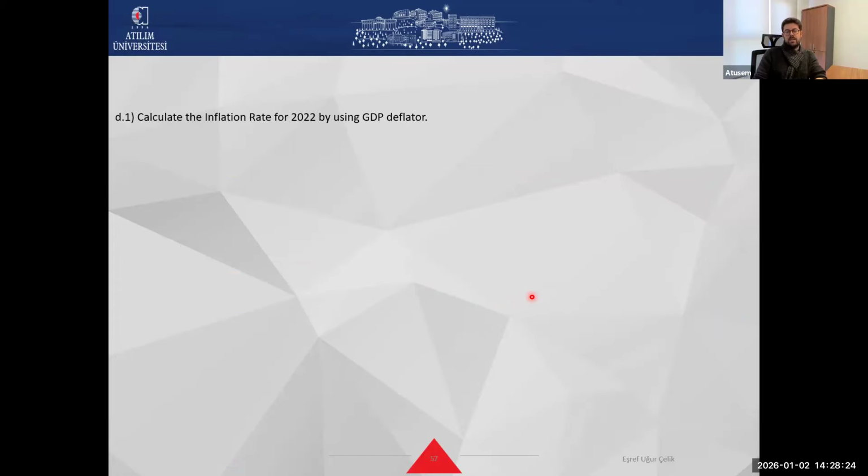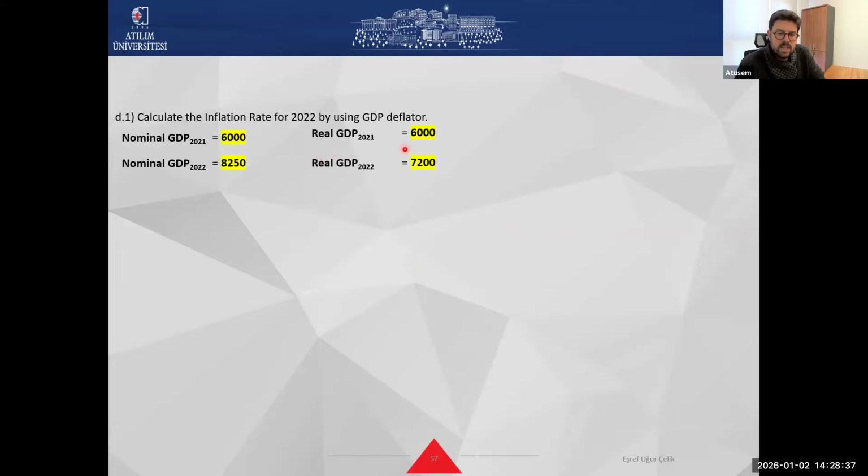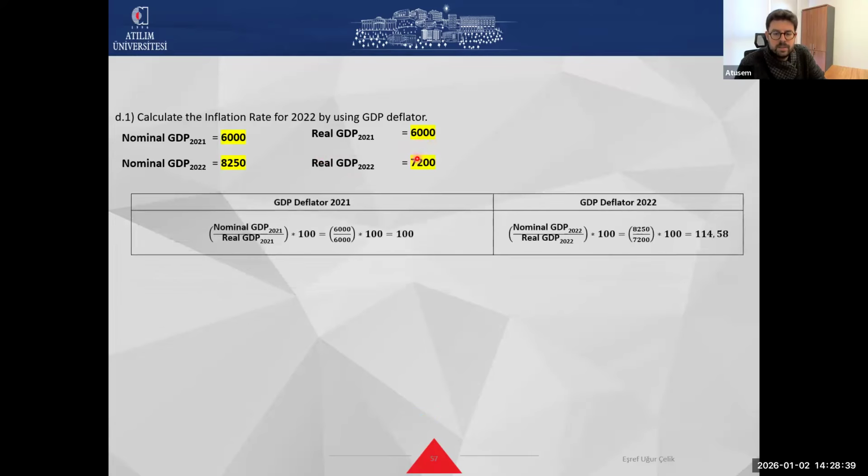And the last question: inflation by using the GDP deflator. For the GDP deflator, we use the formula nominal divided by real, multiplied by 100. So let's get these nominal and real GDP values. For the deflator in 2021, nominal divided by real for that year, multiplied by 100: 6,000 divided by 6,000 multiplied by 100.